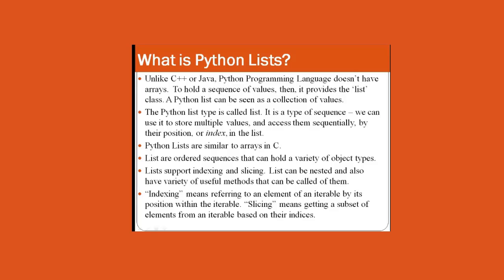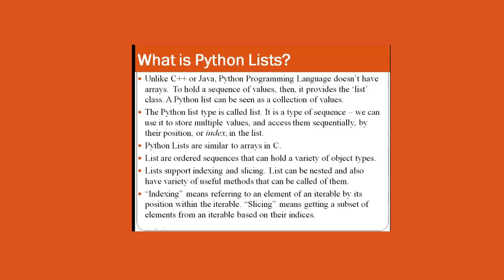Then we are coming to lists. So what do we mean by Python lists? Now we will be learning about lists and their operations. Unlike C++ or Java, the Python programming language does not have arrays. To hold a sequence of values, it provides the list class.